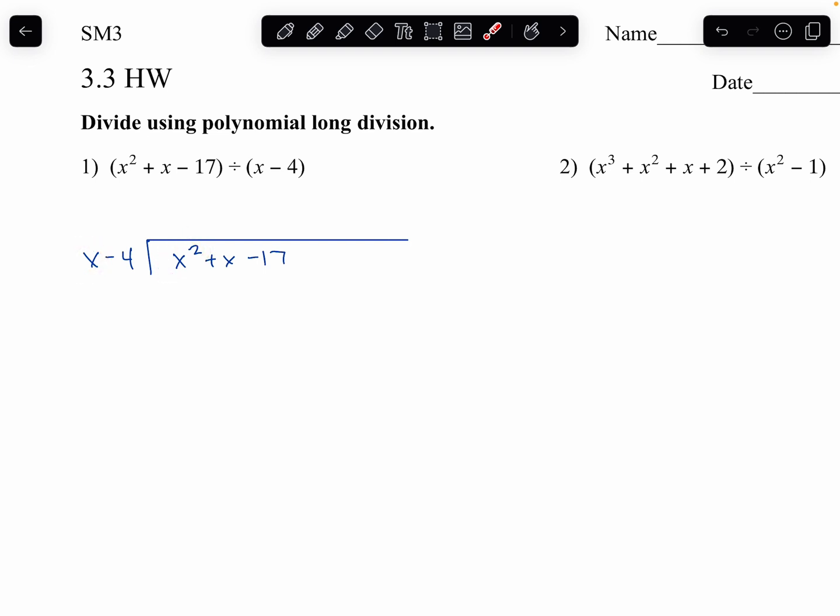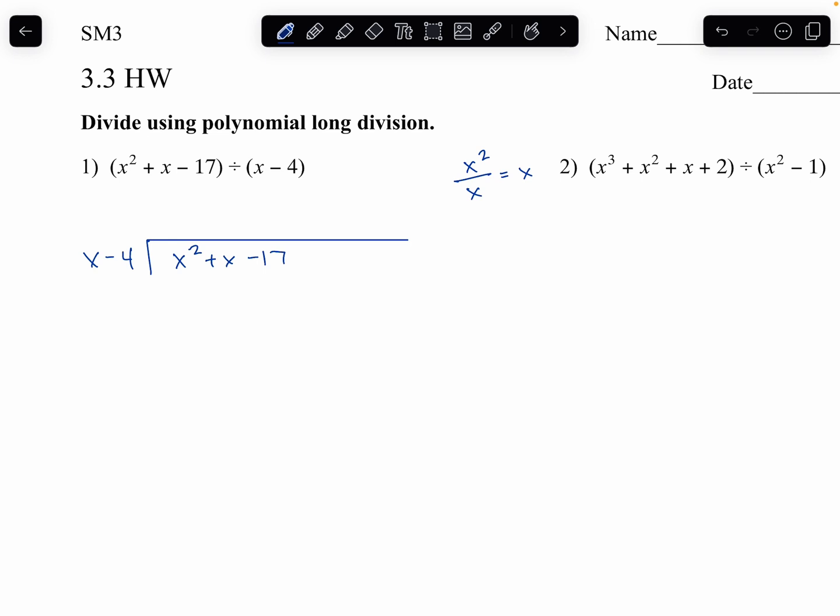Or another way you can look at it is, what do I need to multiply this by to get x squared? And you can always, off to the side, using some scratch area, take the first term of the dividend, divide it by the first term of the divisor, and well, that's just x squared divided by x, which is x. And so that's how many times it can go into it.